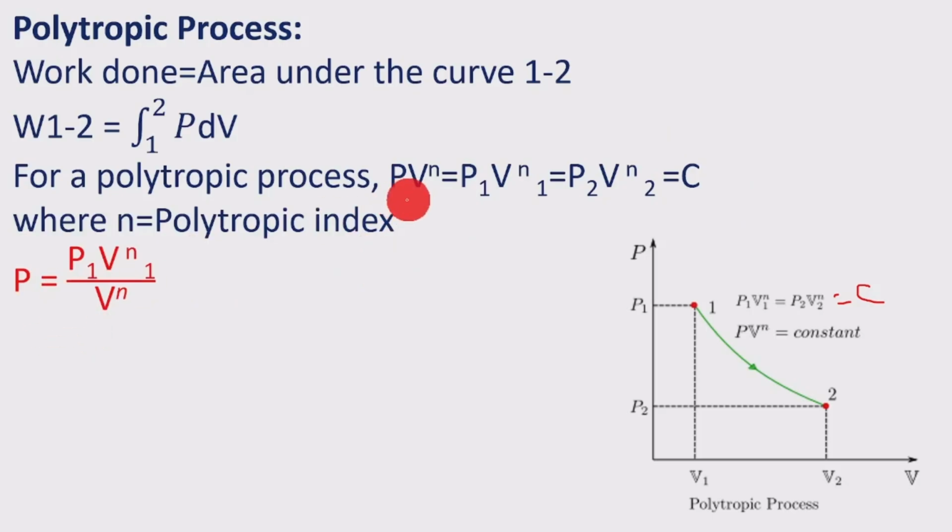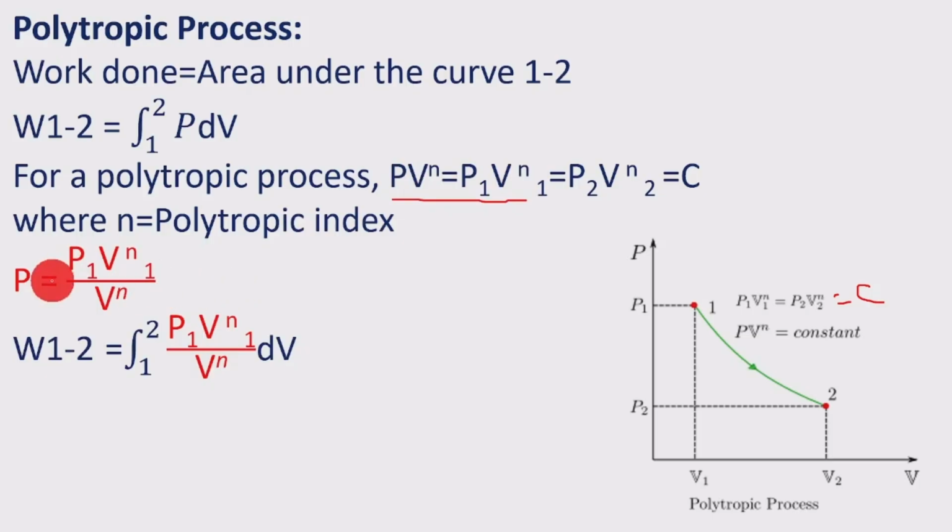From these we can write P equal to P1 V1 raised to n by V raised to n. If we substitute this P in the work done equation, W1 to 2 is equal to the integration from 1 to 2 of P1 V1 raised to n by V raised to n into dV.